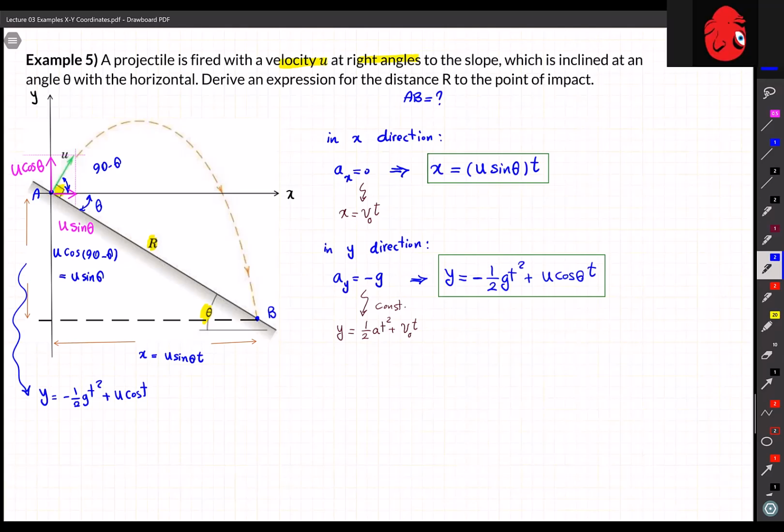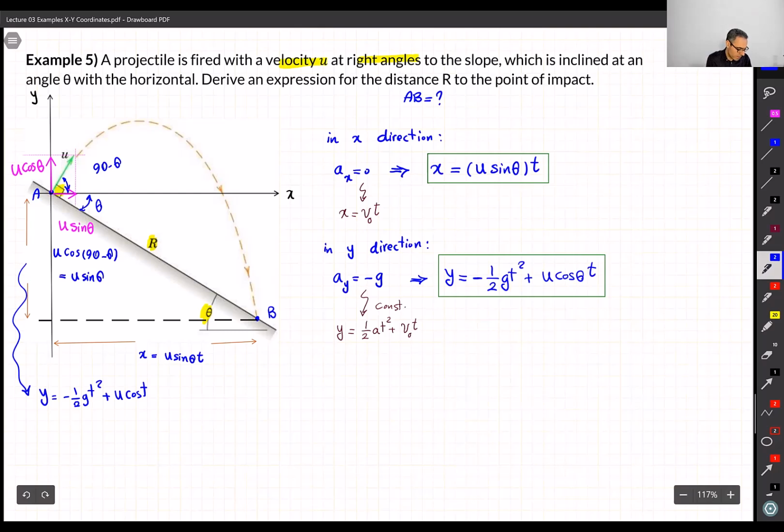Pythagorean theorem. Pythagorean, yeah, that can be one way, Kevin. You could also do like cosine theta times x. Yeah, that's better, I guess, right? So Kevin is suggesting there are two ways, and both are correct. One is to use Pythagorean, and that's true because we have a right angle triangle here, right?